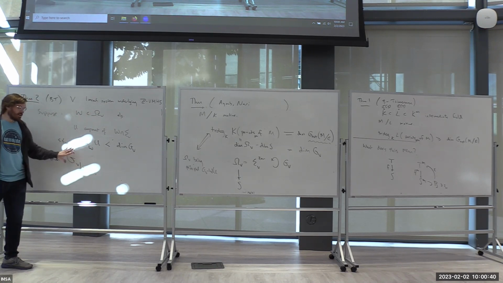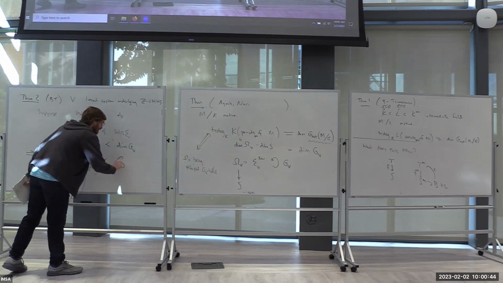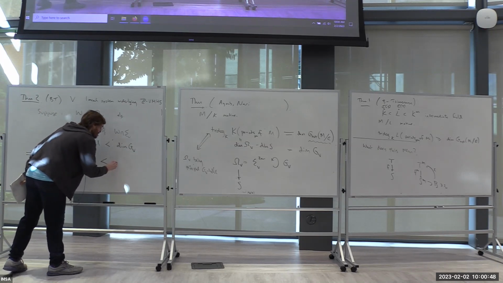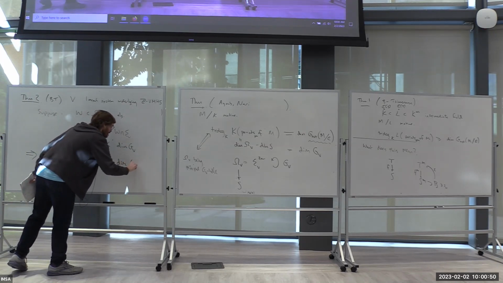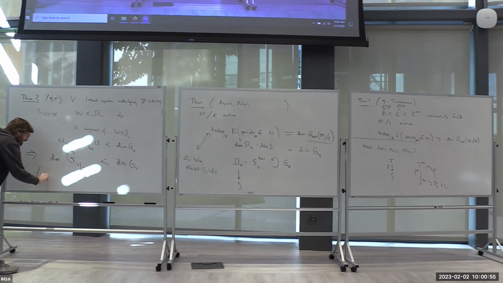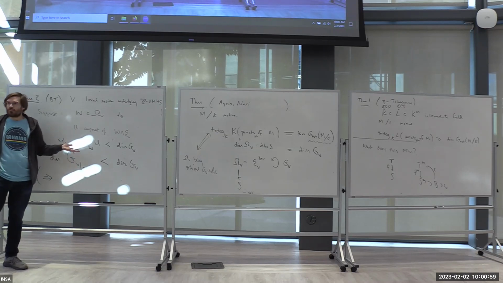That's some local system on here. I can take its algebraic monodromy. I want this to be strictly smaller than the algebraic monodromy that I start with. I'll just parenthetically say that, in particular, the projection of U is non-Zariski dense.